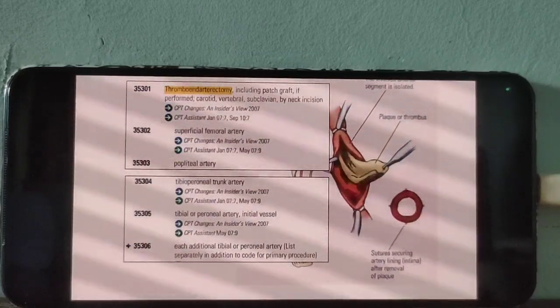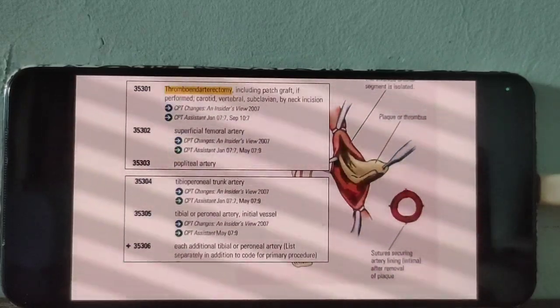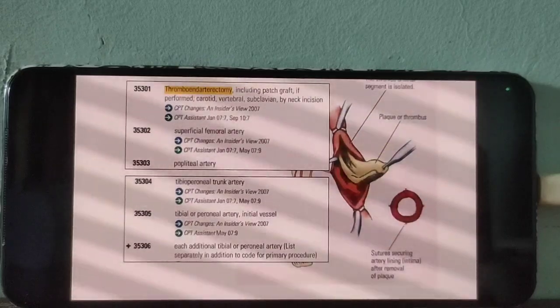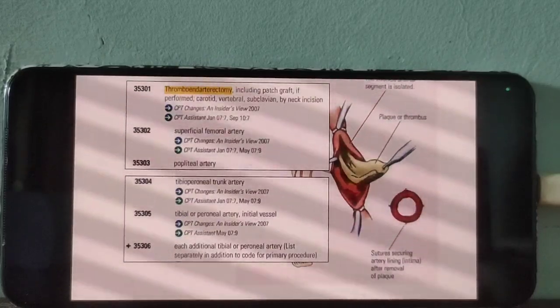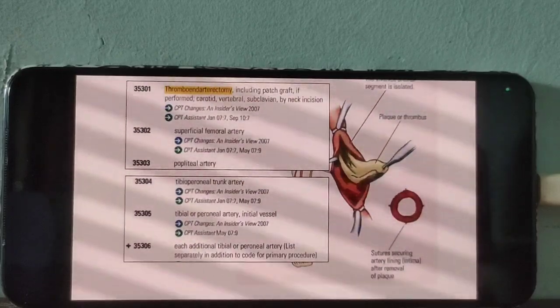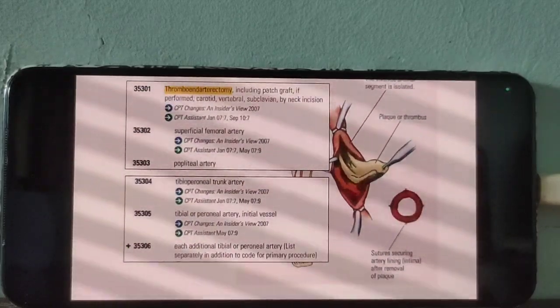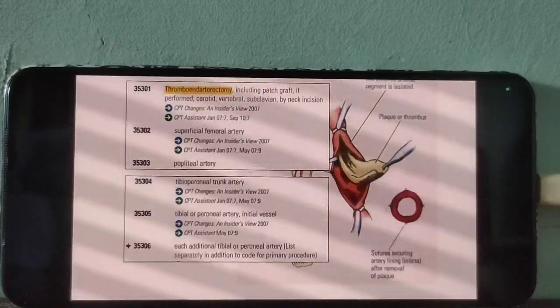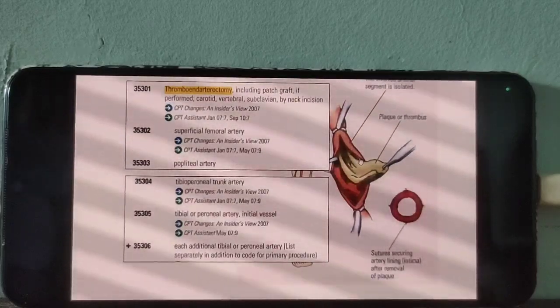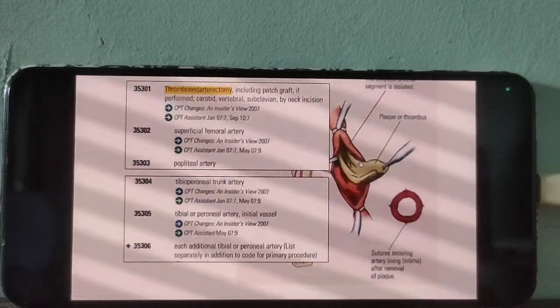Removal of the inner lining of the artery. Super. Removing the inner lining of the artery is called endarterectomy. So thromboendarterectomy means like that. The doctor removes the plaque. Plaque means the thrombus, as well as removing the inner lining of the artery.